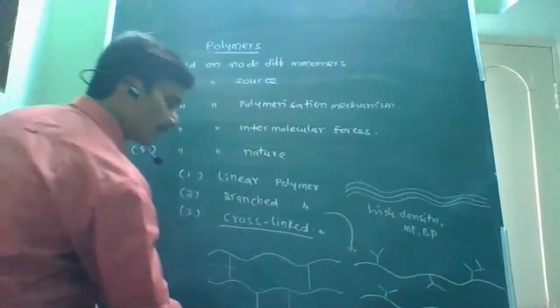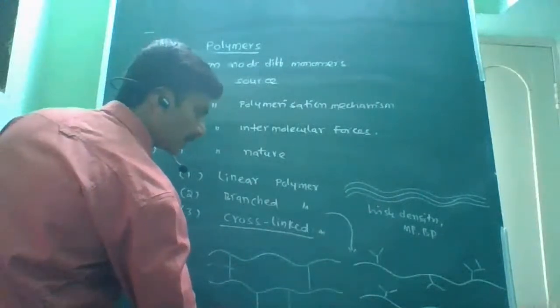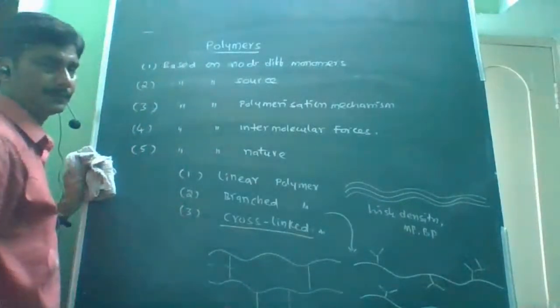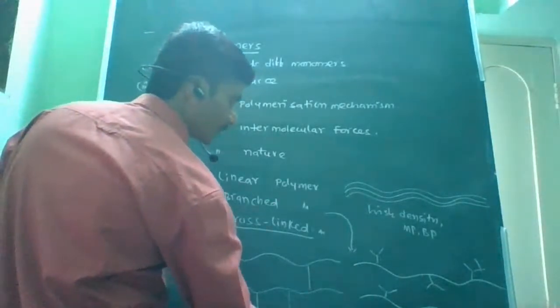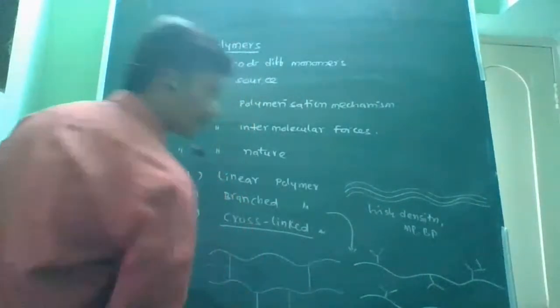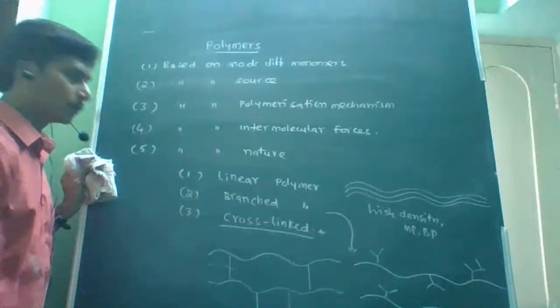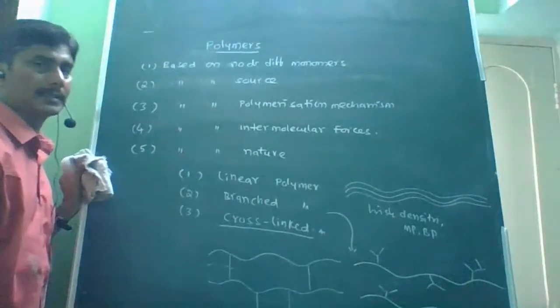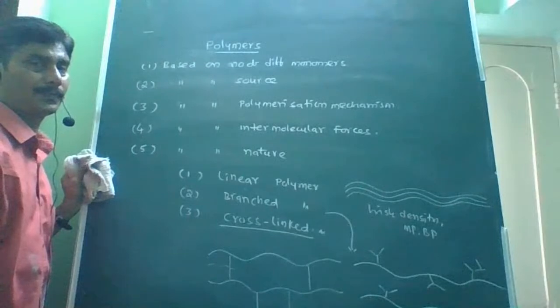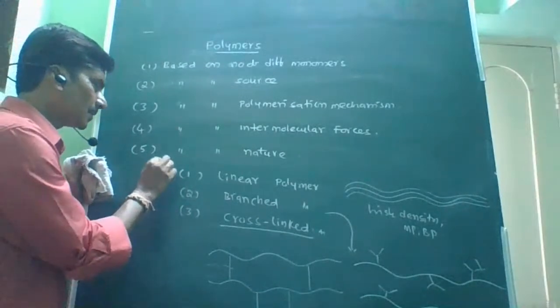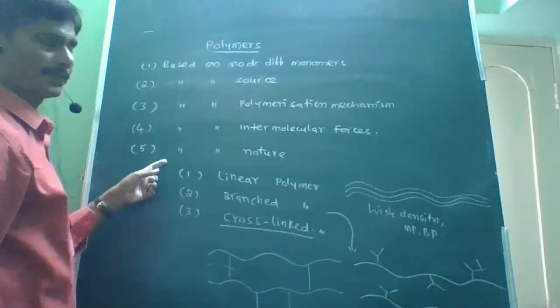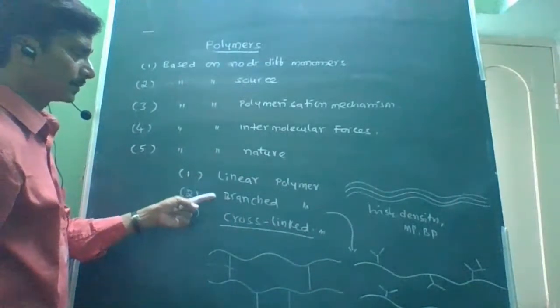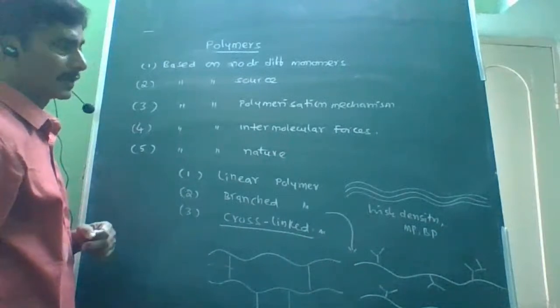So these are very hard, brittle due to the presence of these cross links. It is the fifth classification based on the nature: linear, branched, cross-linked.